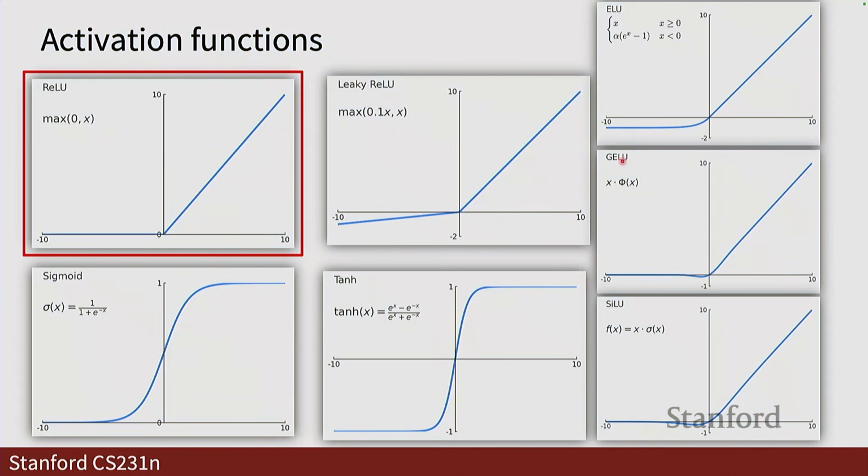And then there are some newer variations, GELU, the Gaussian error linear unit, and I've heard both pronunciations. They are often used more often in neural architectures, in transformers.